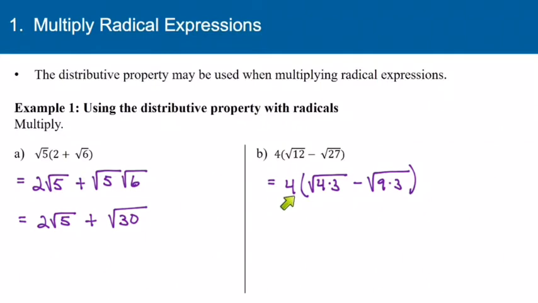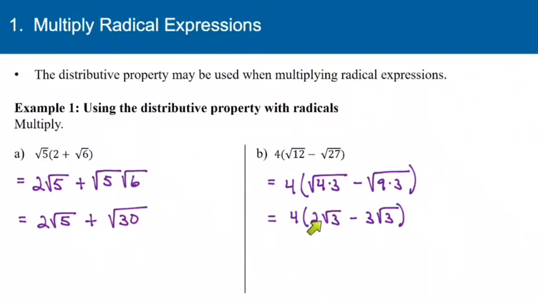So this is going to now be 4 times 2 times the square root of 3, because the square root of 4 is 2, minus 3 times the square root of 3, because the square root of 9 is 3. So you see how that works? What we did was we just did not write the step where each number is under its own radical.